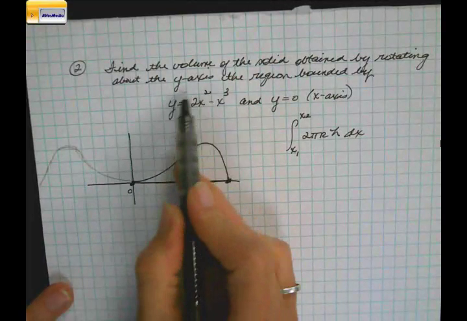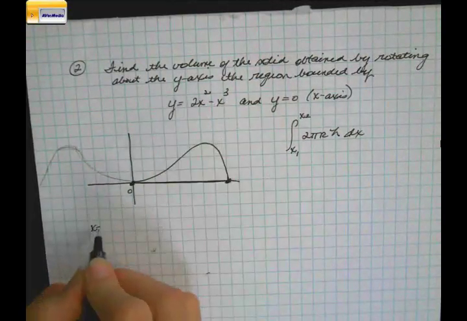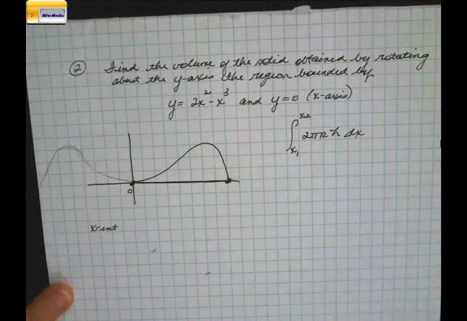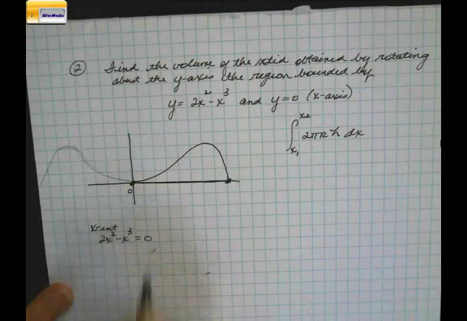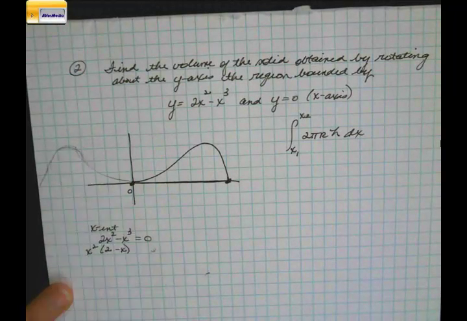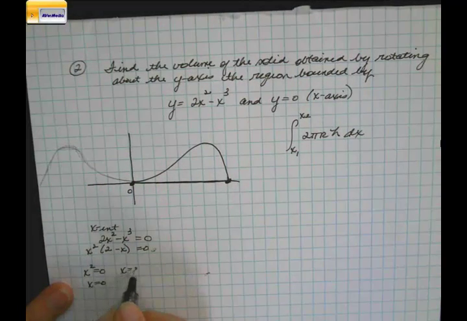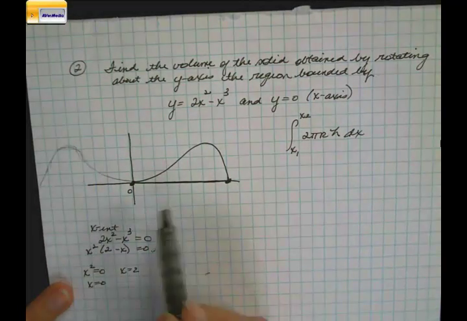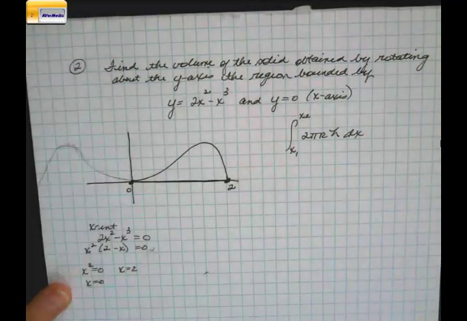So we need to know the x-intercepts. To find the x-intercepts, which gives me my upper and lower limits, I take 2x squared minus x cubed and set it equal to 0, which factors into x squared times 2 minus x, which means x squared equals 0, or x equals 0, and x equals 2. One of them we already show right here at the origin. This over here is a value of 2.